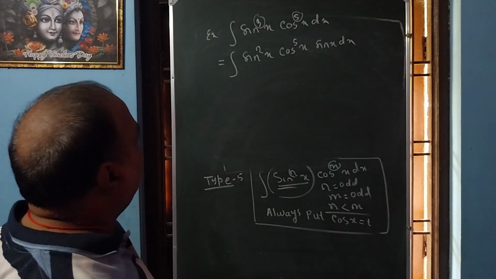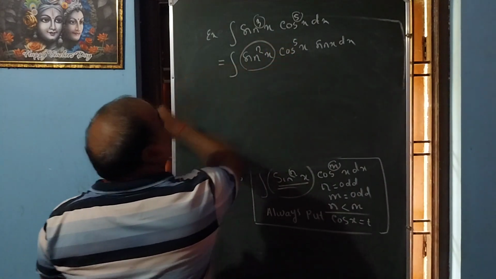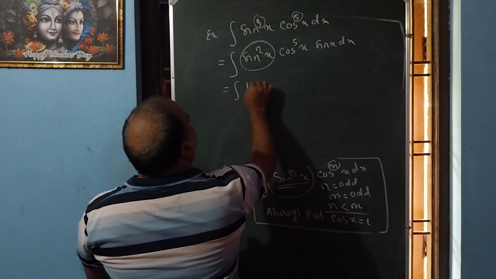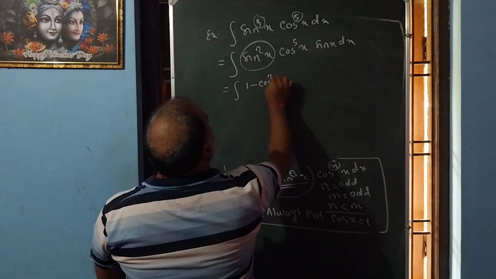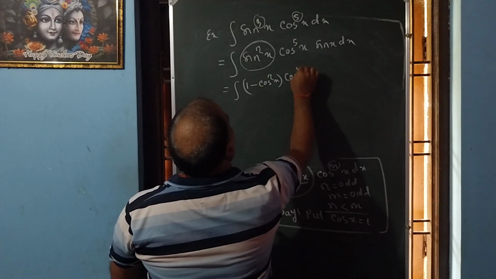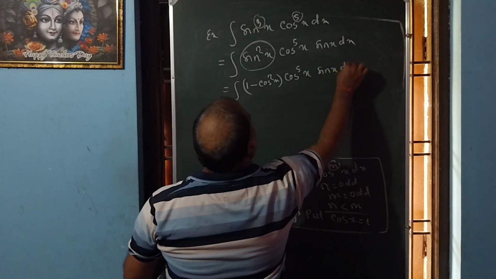Then we know that sin square x is equal to 1 minus cos square x. Here it is cos to the power 5 x into sin x dx.